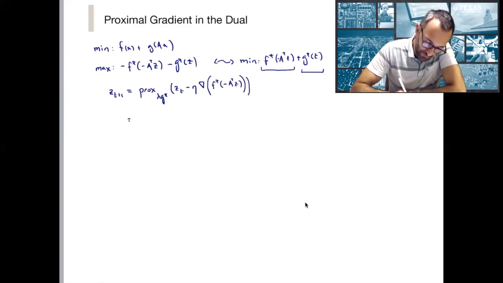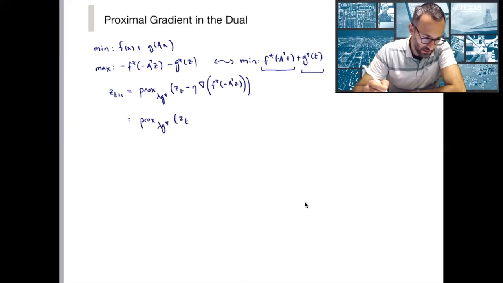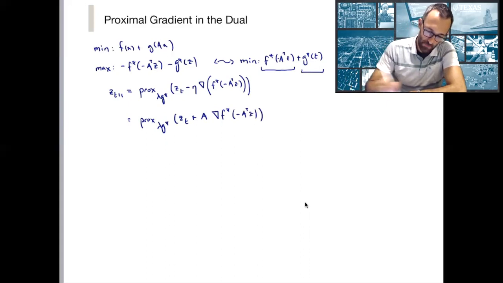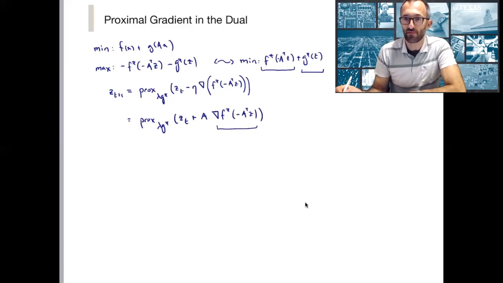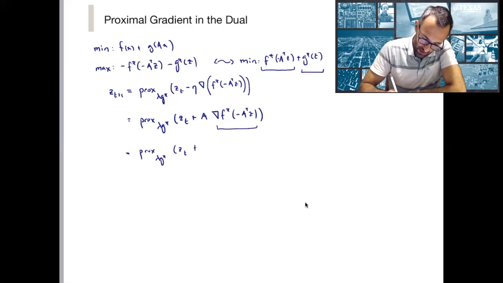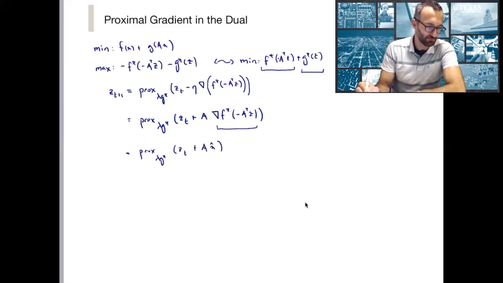And this is equal to prox of lambda g star of z t plus, now doing the chain rule, A times the gradient of f star of minus A transpose z. And now this is something familiar, so we know what this gradient is. So this is equal to prox lambda g star of z t plus A x hat.